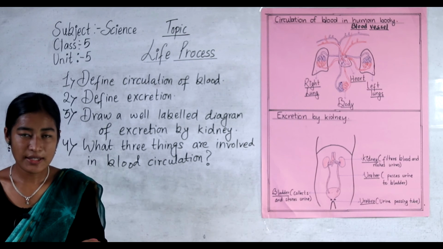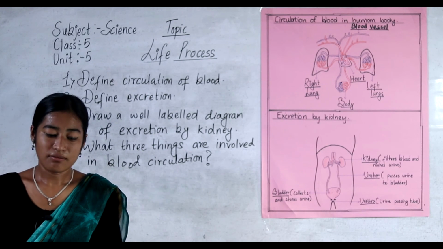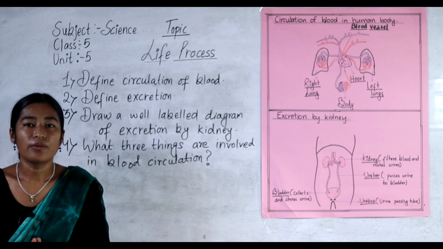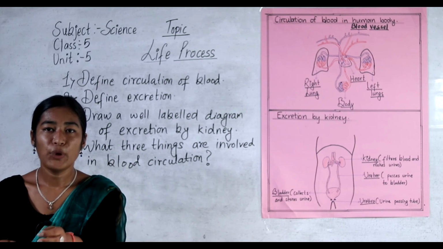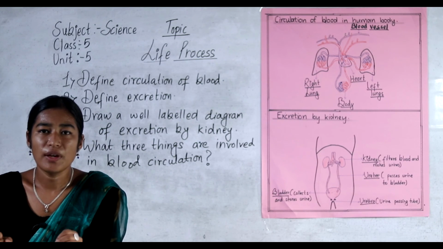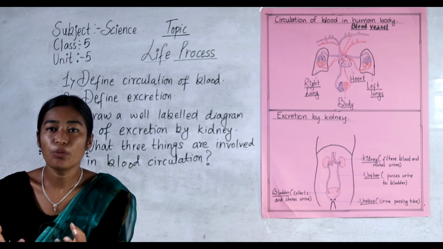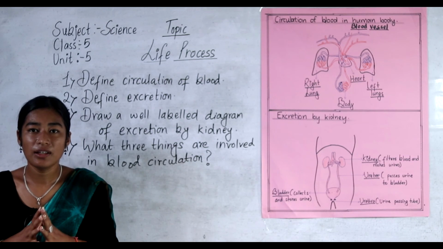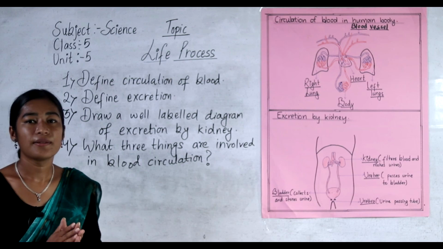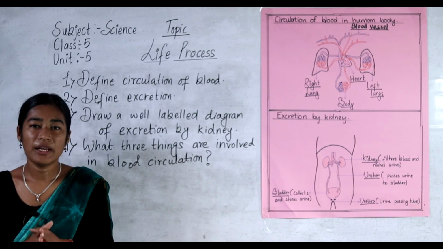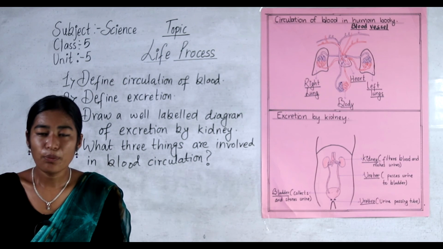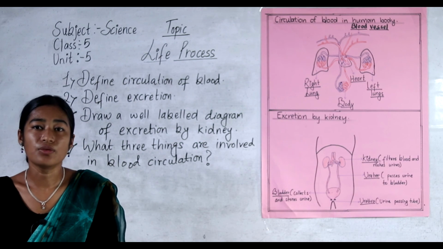So what are arteries? Now you can say it very quickly. Arteries are the blood vessels which carry pure blood from the heart. And veins are those blood vessels which carry impure blood from the body to the heart.